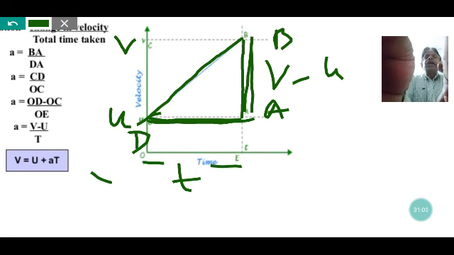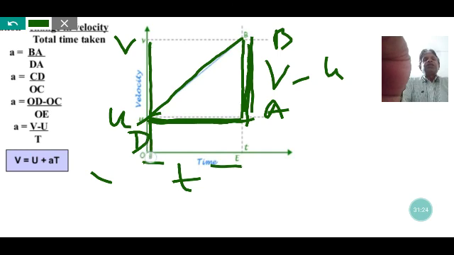Now, a is equal to BA by DA. This value may be taken as the velocity BC, BA is taken as V, the total velocity here, and we subtract the initial velocity to get the change of velocity.